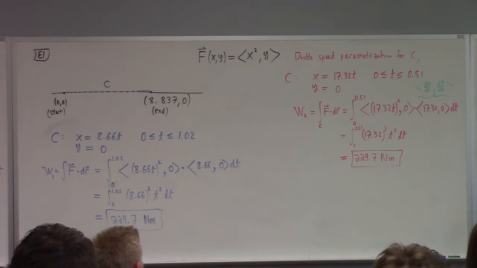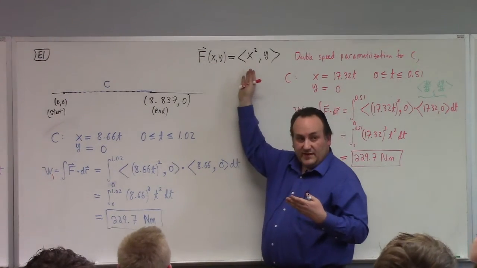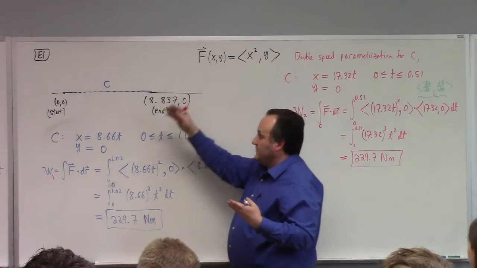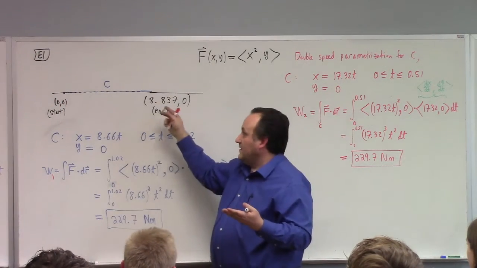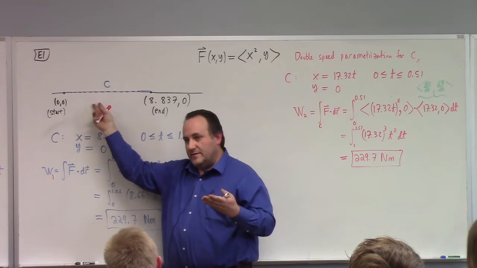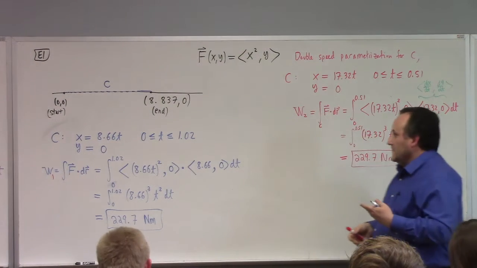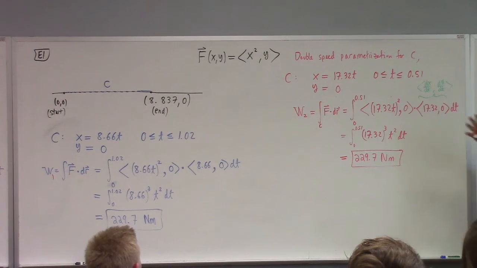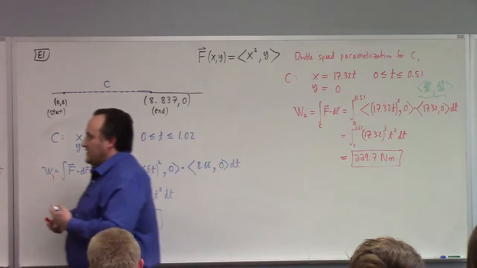If the force field is static, so it has no time dependence, a theorem of calculus 3 says that the work done from this point to that point along a given path, along a given curve, along a given set of points, will be the same no matter how you parameterize it. The proof of this ultimately just rests on doing the u substitution, a change of variables.